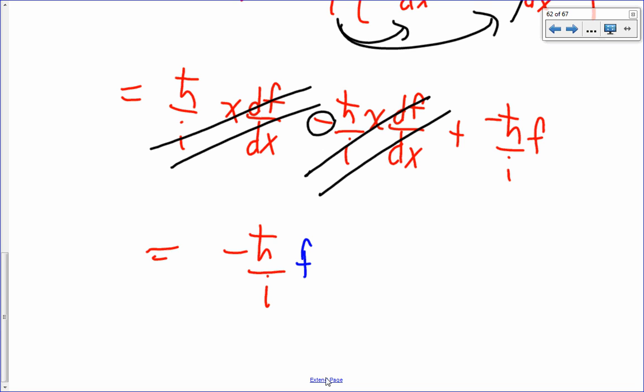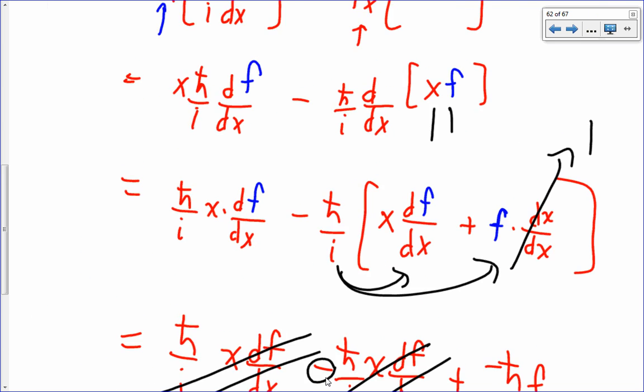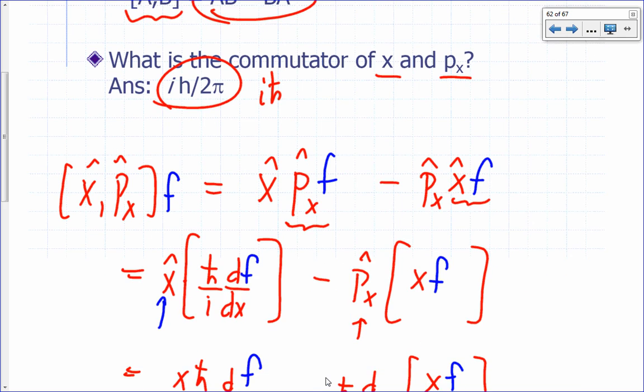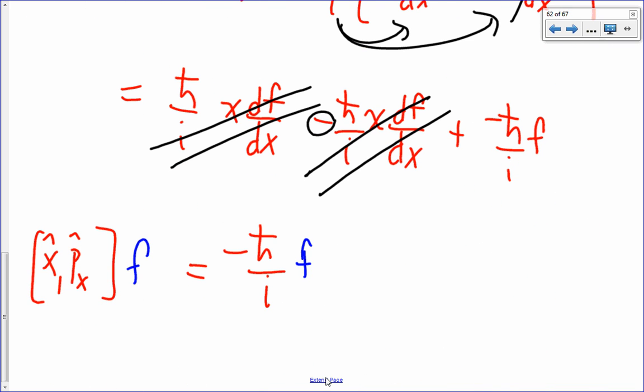So that is the result of applying the commutator of x hat and px hat on function f. All this particular commutator does is multiply the function f by negative h bar over i. Okay? But what is negative h bar over i?